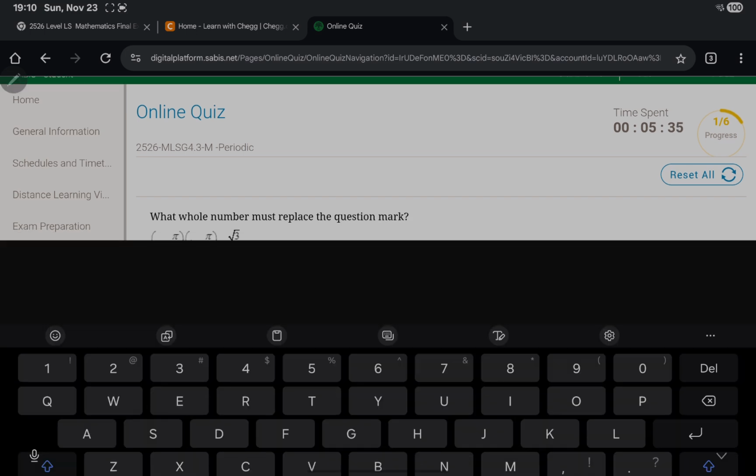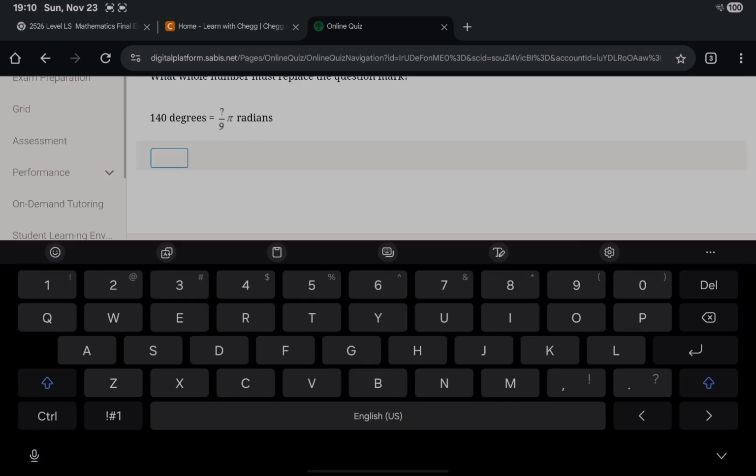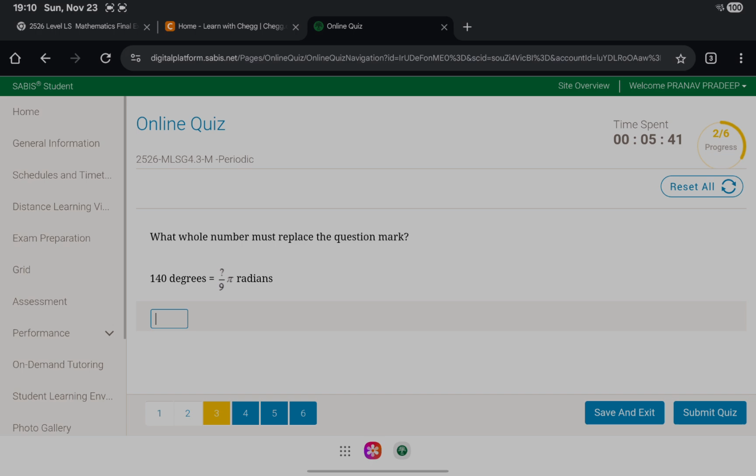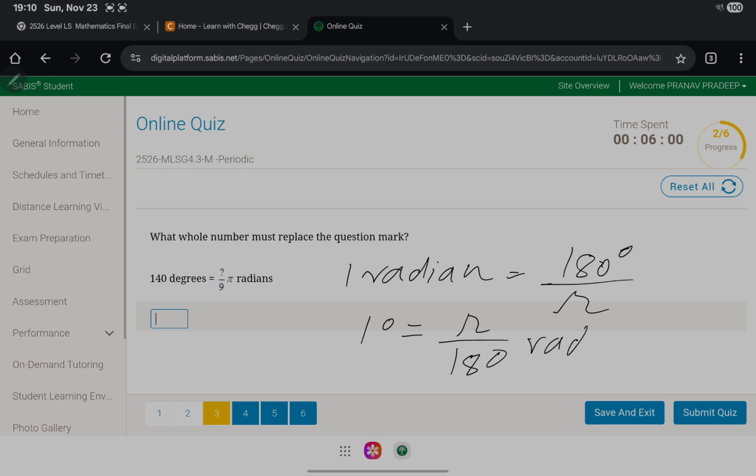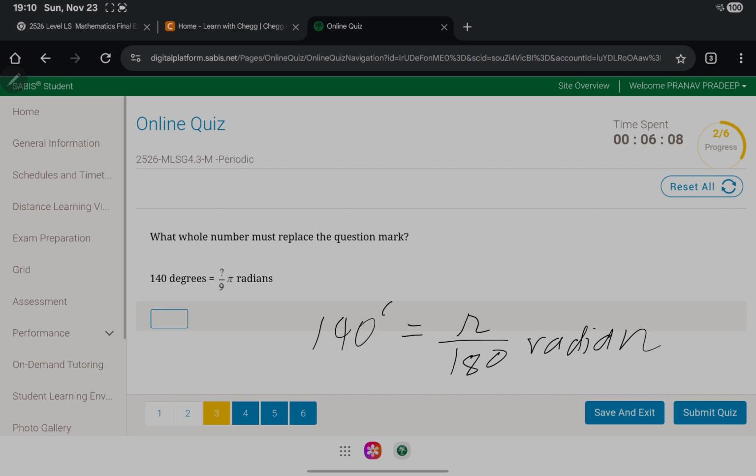Okay, now I'll just write down the conversion. 1 radian is equal to 180 degrees over pi, and if you want to go from degrees to radians, it's 1 degree equals pi over 180 radian. Okay, so now they gave us 140 degrees. You multiply by pi over 180, so 140 over 180 pi.